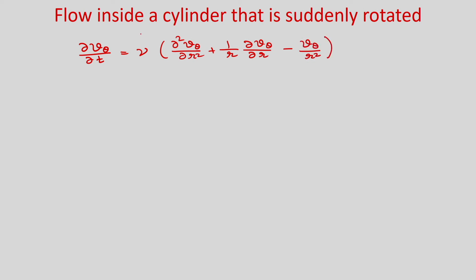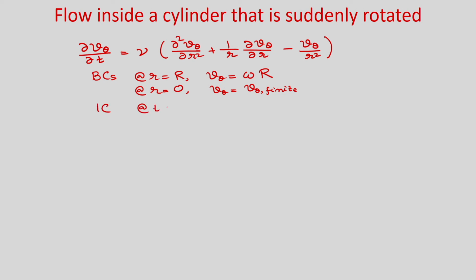Okay. So, obviously you can see this equation is non-homogeneous. With boundary conditions, at r equal to R, v theta is omega R. Okay. At r equal to 0, v theta is finite. Okay. And the initial condition at t equal to 0 is v theta equal to 0, and obviously v theta is a function of r and t.